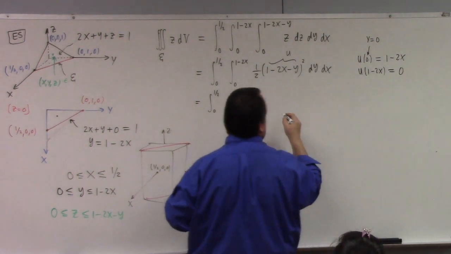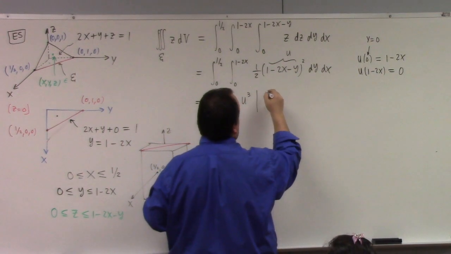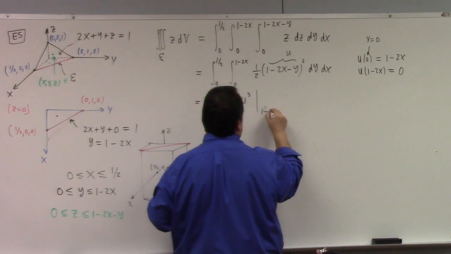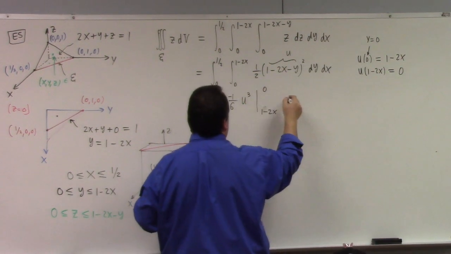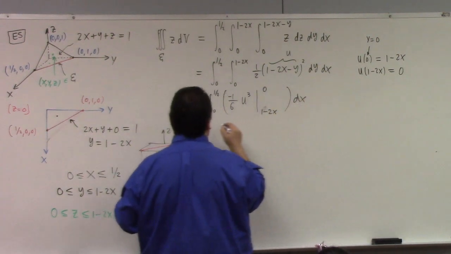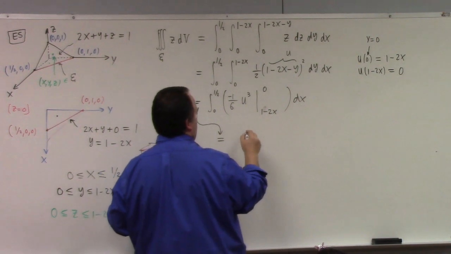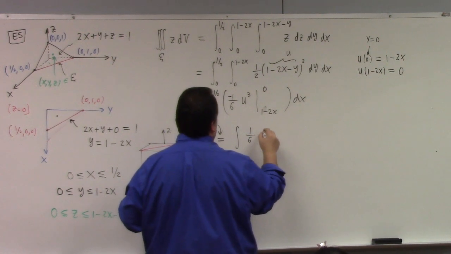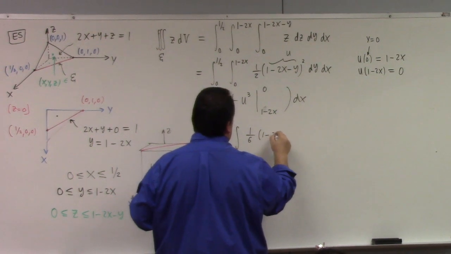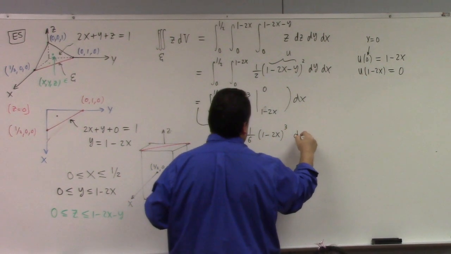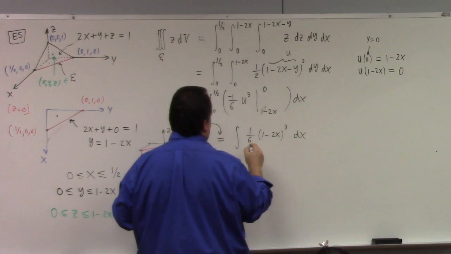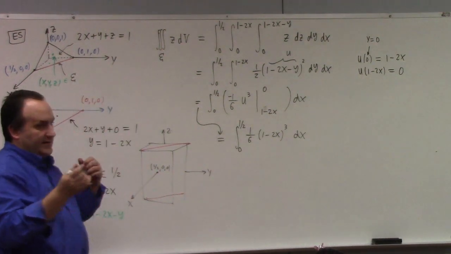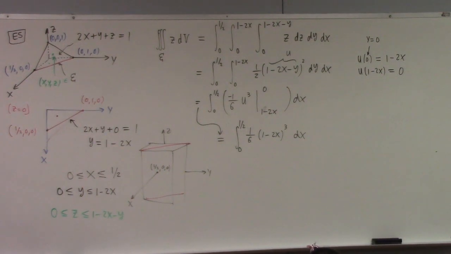So if I haven't done this wrong, the lower bound is 1 minus 2x, and the upper bound is 0, dx, which is equal to the integral of 1/6 times 1 minus 2x cubed dx, 0 to 1/2. Now you might wonder what I did. I traded the minus in the integrand for flipping the bounds.